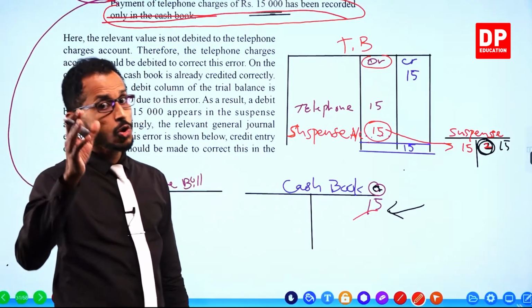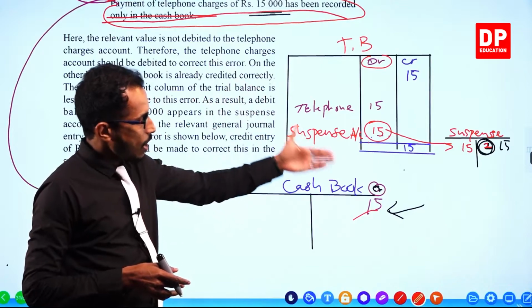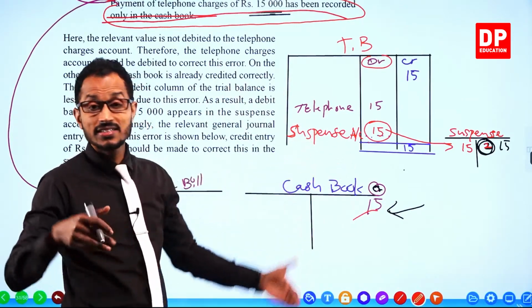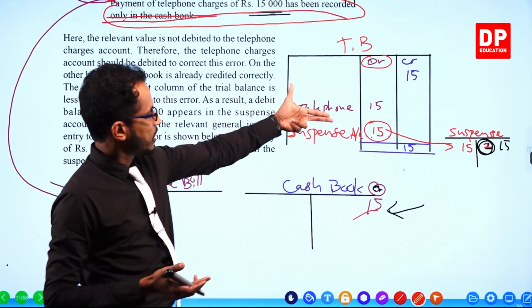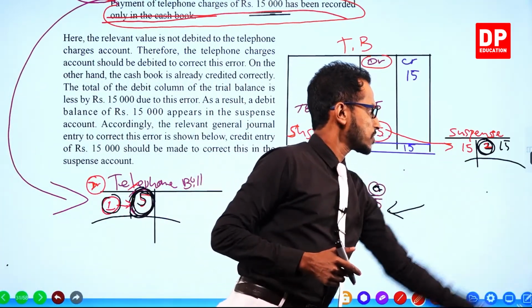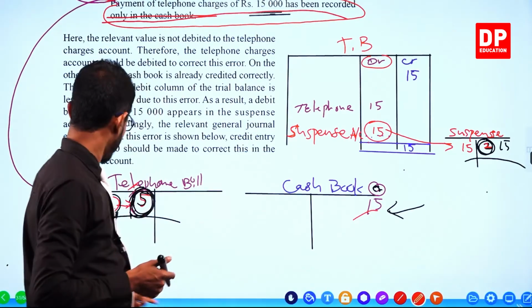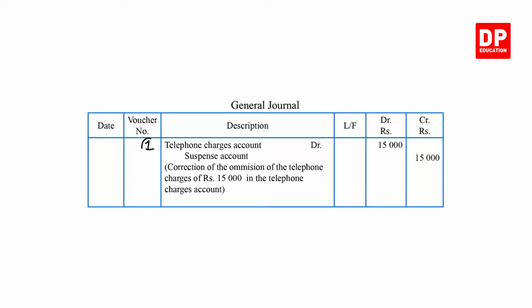Before that, I'm going to show you how this double entry, the rectifying double entry, is recorded in the general journal. There you go. Telephone charges account debit, first entry. Second entry, suspense account credit, 15,000.